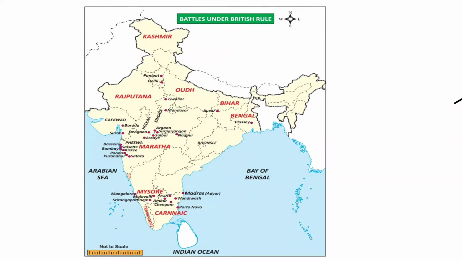And then the western part of India, which means the west coast of India. Gaikwad is located in Gujarat, Baroda, Sindhia, Bhonsle. These are the places under the Marathas.